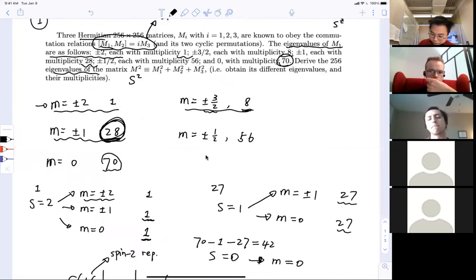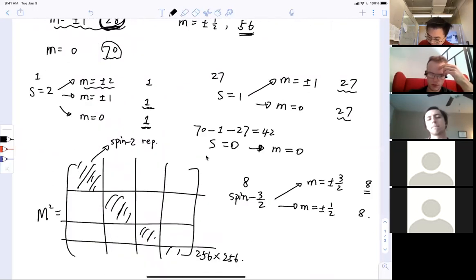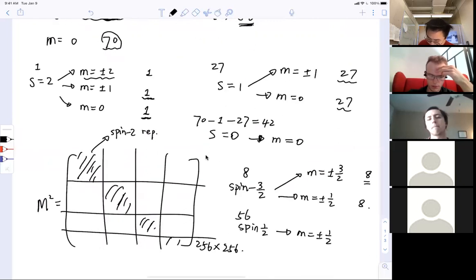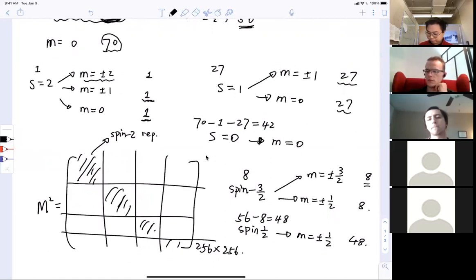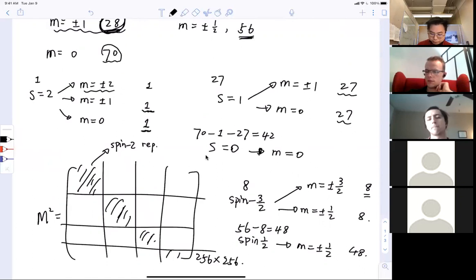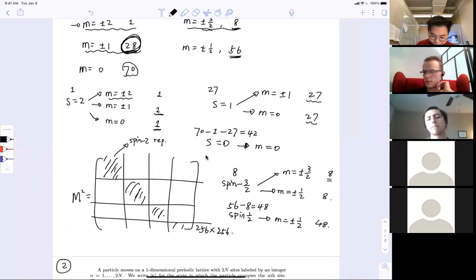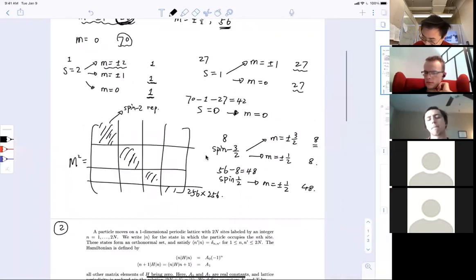Also, we know there are 56 with plus or minus 1/2, meaning that there must be 56 minus 8, which is 48, I think, 48 spin 1/2 representations. So let's add another page.